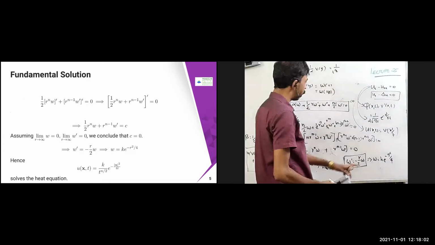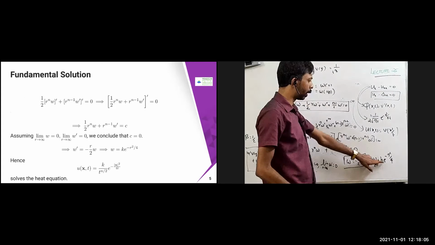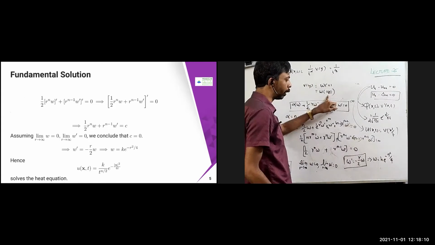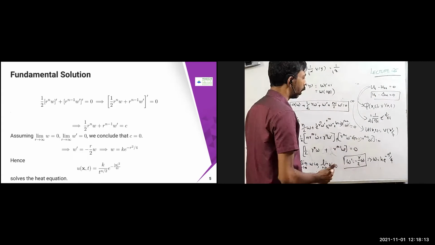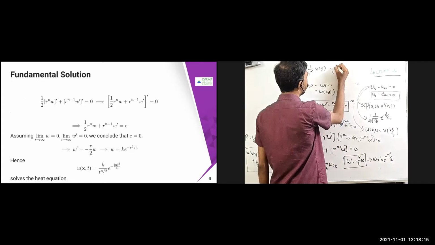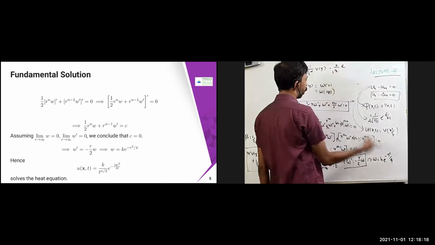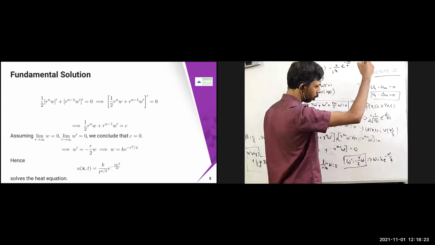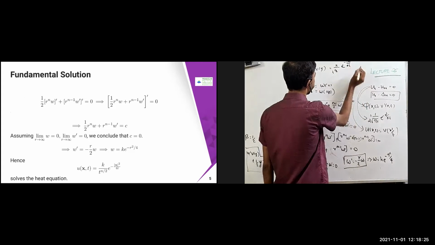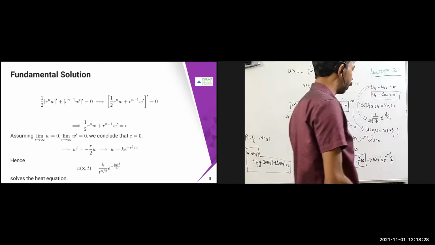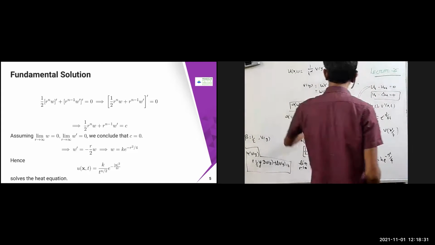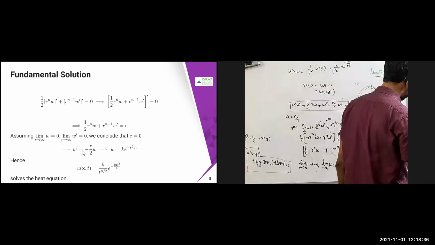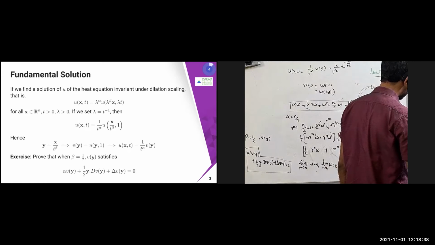Now I have proved that v of y is equal to w of r, that is nothing but e power minus r square by 4. But what is r? r is nothing but modulus of y, that means modulus of x in this case. So this is going to become k into e power minus mod x square by 4t, because v of y is in terms of t as well; there is a t also involved over there.